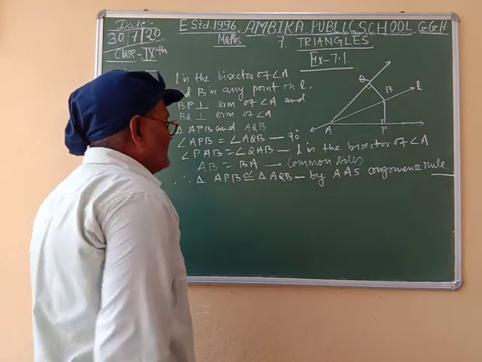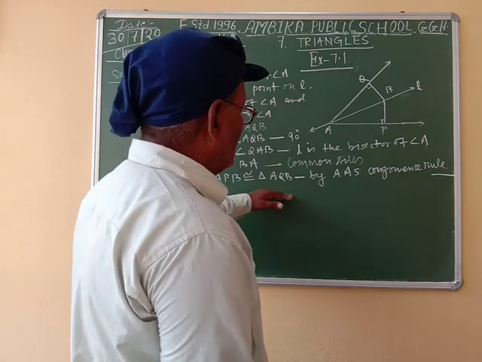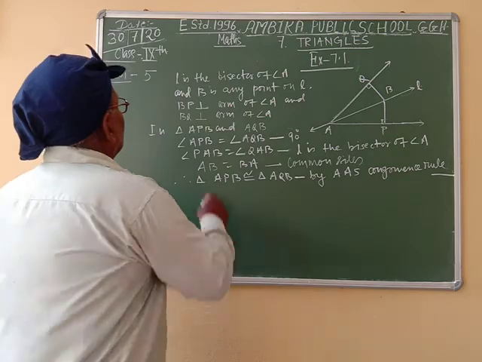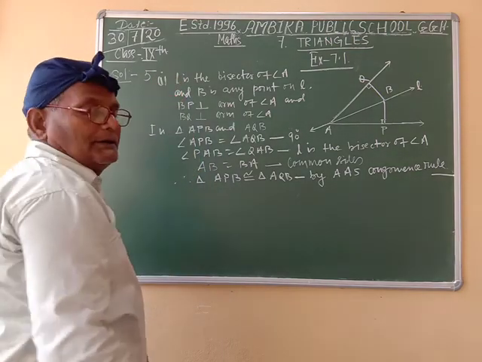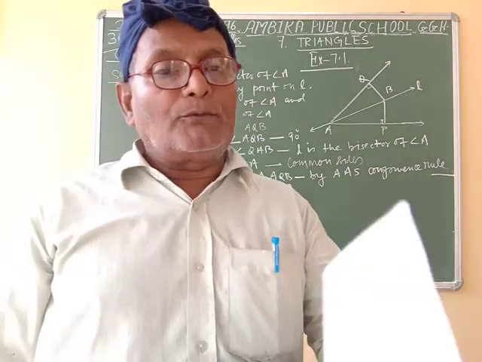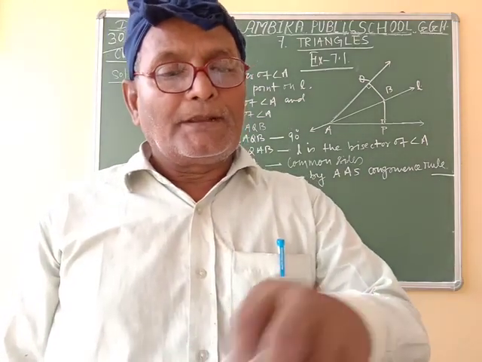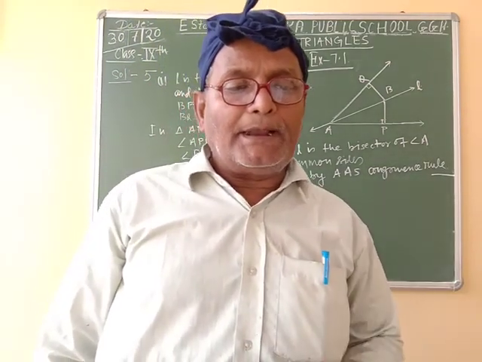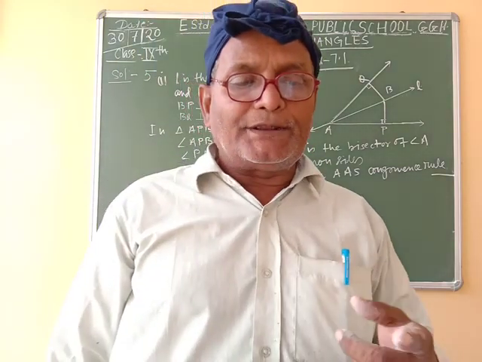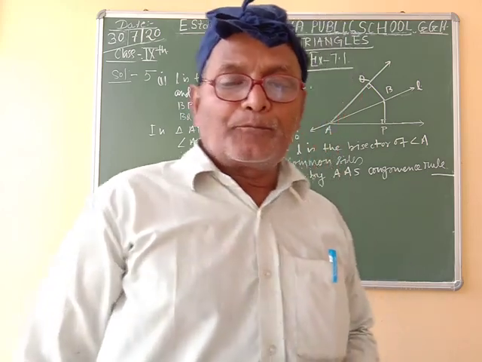Therefore, triangle APB is congruent to triangle AQB by the AAS congruence rule. Proved. The first part of this question has been proved, and now I am going to prove the second part: BP is equal to BQ, that is, B is equidistant from the arms of angle A.